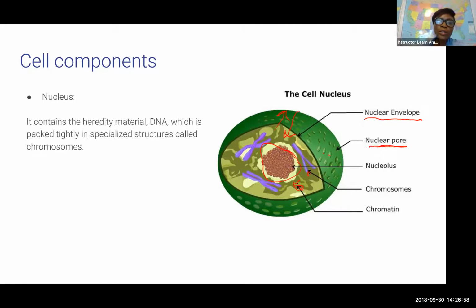So once again, the role of the nucleus really is to carry that hereditary information. It contains the DNA, packaged condensed DNA in the chromosome. So if you condense the DNA, it forms a chromosome. And so it has the genetic information, the instructions that are needed for the cell to function.